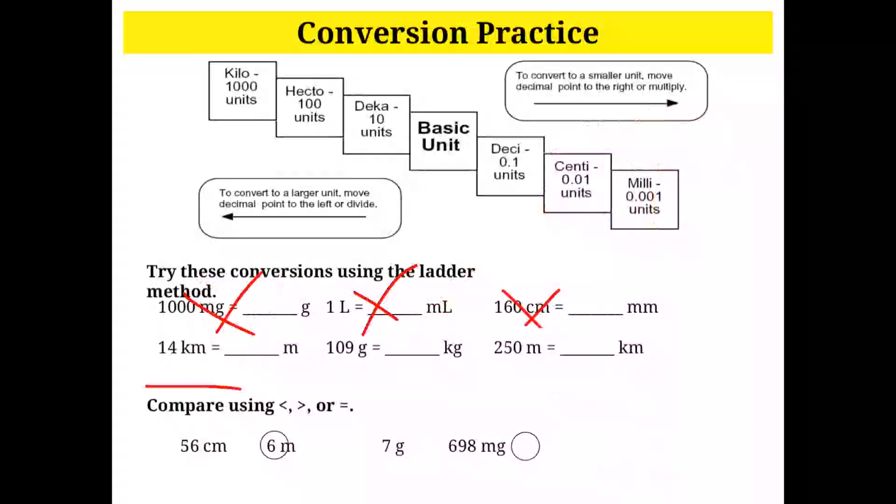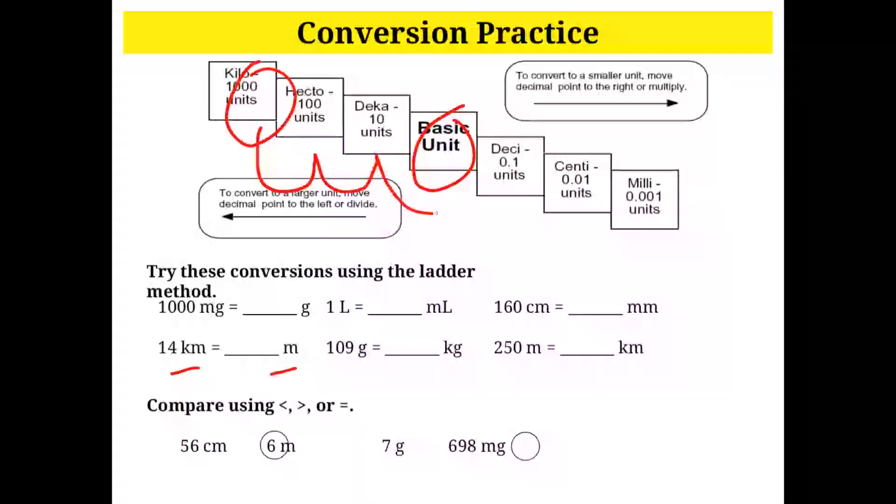Let's take a look at this next one. 1,400 kilometers will now be converted to meters. Kilo is way off to the side, so to go from kilometers to meters, the base unit, we're going to move 1, 2, 3 spots to the right. So we're just going to add 3 zeros.